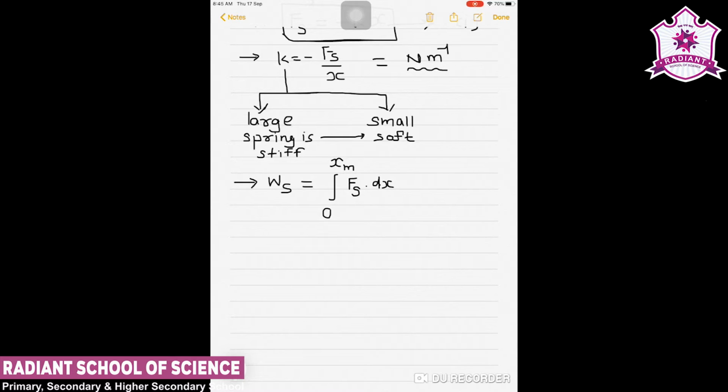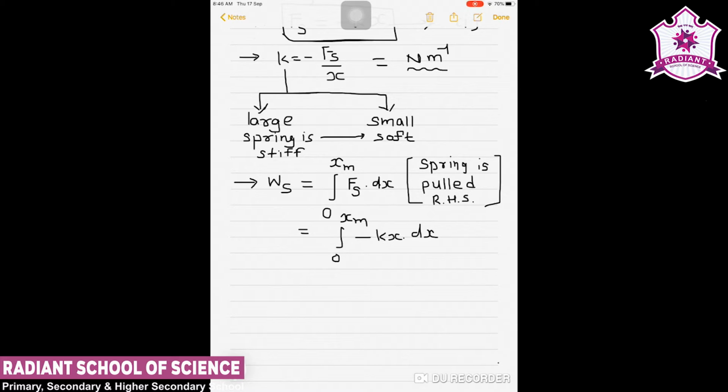So here, if the spring is pulled towards the right hand side, then we can experience this type of work. Now we have the value Fs equals minus kx, so we will replace it over here. So from 0 to xm, this is the integral of minus kx dx.